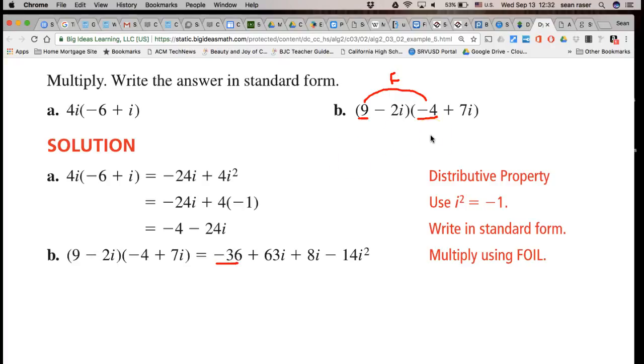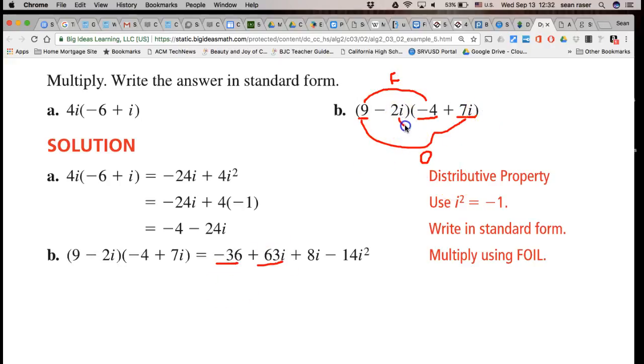Outer means that we take the outer terms in each. We take our outside and outside. These are the ones on the outside of the parentheses. So here, we're taking 9 and 7i and multiplying them together. That's our outer. Okay? Here we get plus 63i. 9 times 7i is 63i.